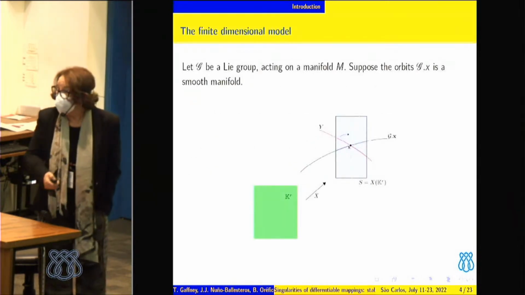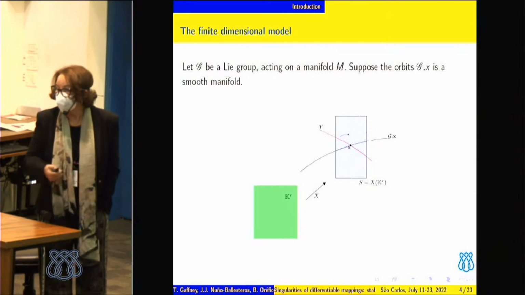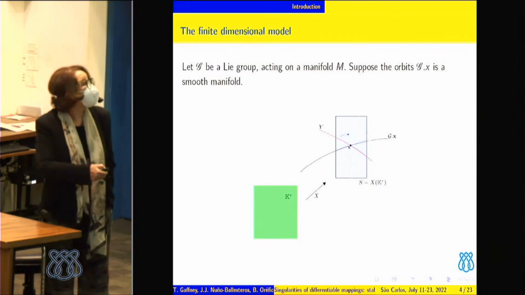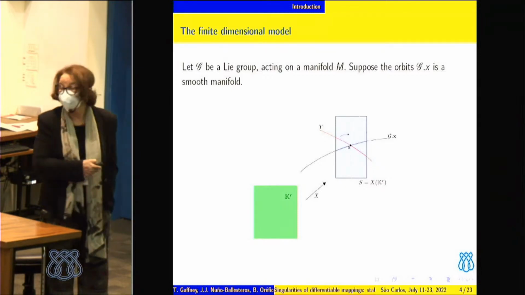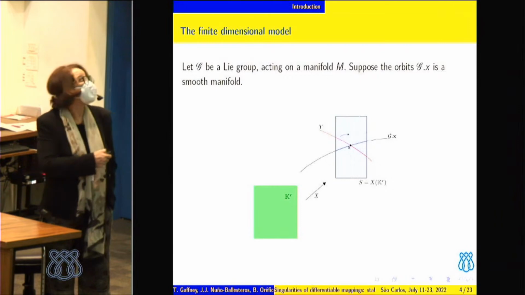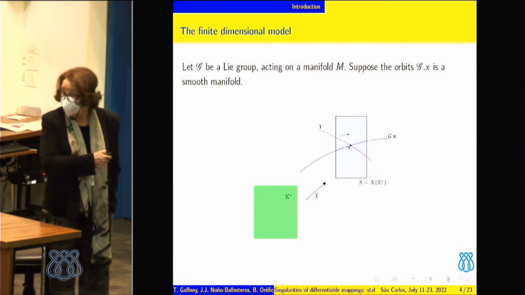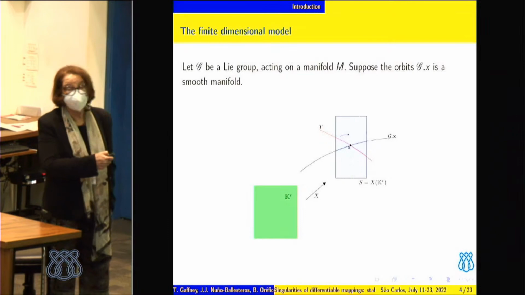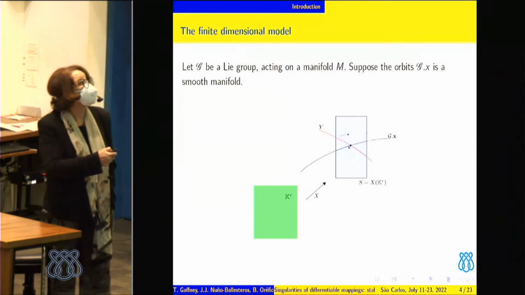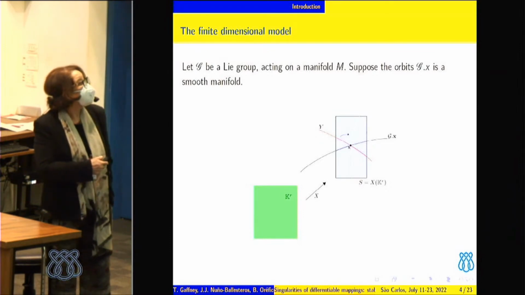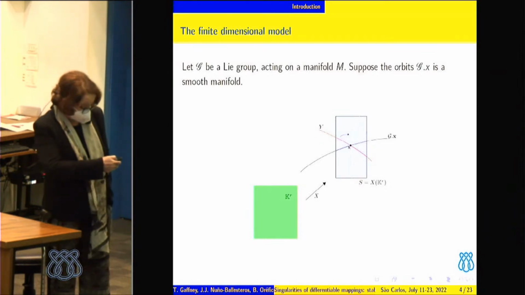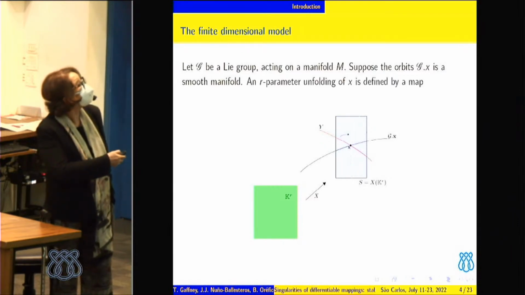So before going to unfoldings with respect to K equivalence, let's look at the finite dimensional model just to get the ideas. Suppose G is a Lie group acting on a finite dimensional manifold, and let me denote by Gx the orbit of x. So the idea of an r-parameter unfolding is just a parametrization of a slice of the orbit.